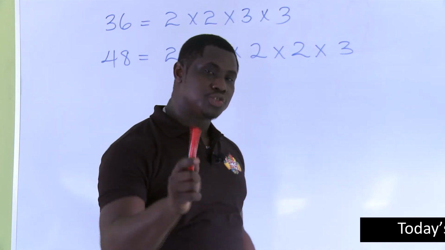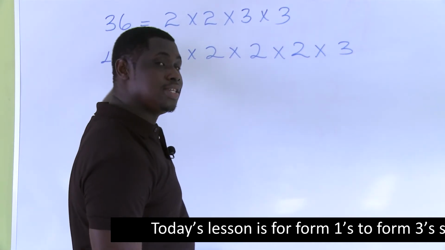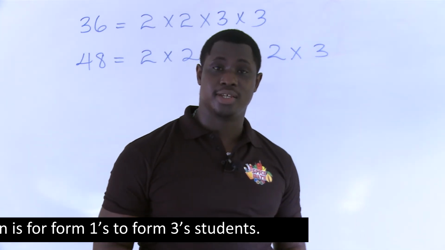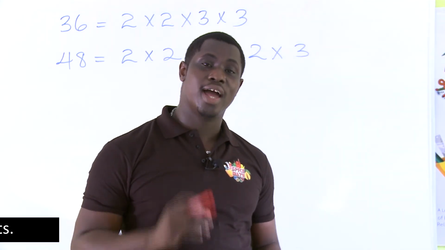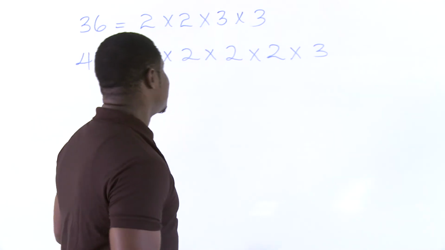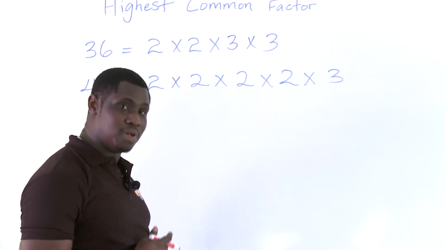Now, just to backtrack a bit, remember before we represented 36 and 48 as the product of its prime factors. Now, there's an easy way for us to identify the highest common factor at this point as well. By looking at all the common numbers being multiplied.